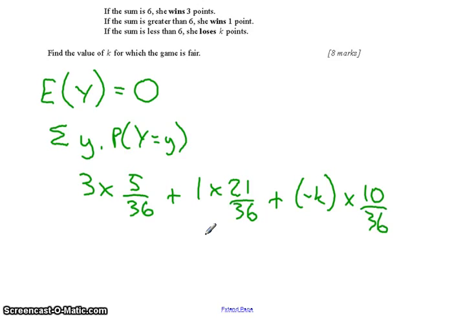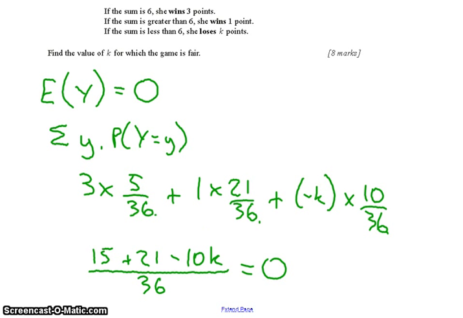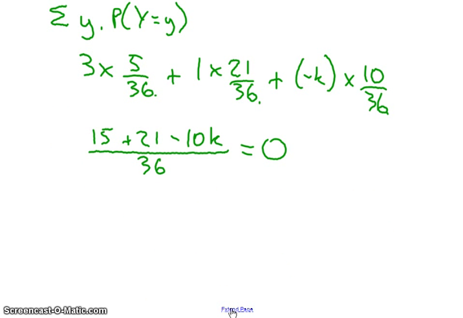36. Put that all into one fraction, and notice that I've used 36 each time because that will make it easier to put it into a fraction, and we get 15 plus 21 minus 10k all over 36, and for it to be fair, then that has to be equal to 0.